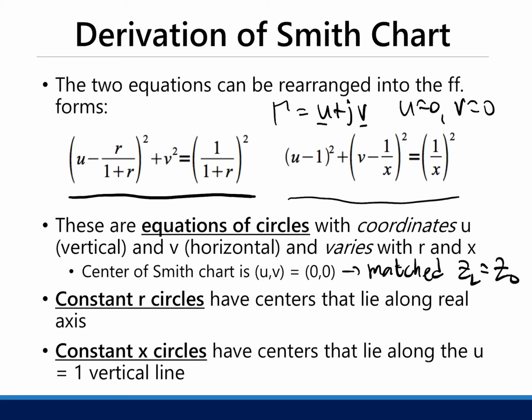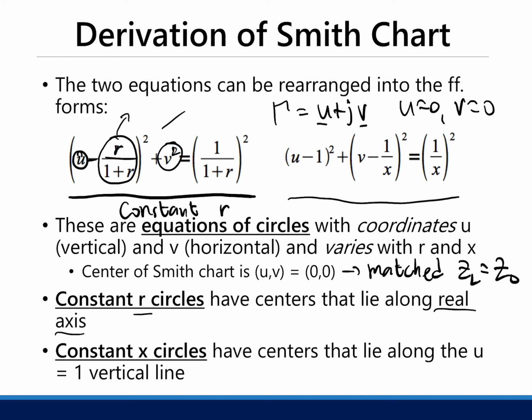If you look at the equation for constant resistance, your center is defined by this, and since you don't have any term inside the square of v, your center will only be defined by a shift in u, which is the real part. So the centers of all your constant r circles lie along the real axis of your Smith chart.